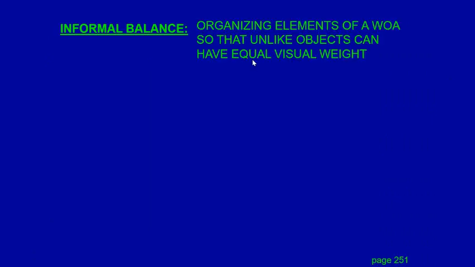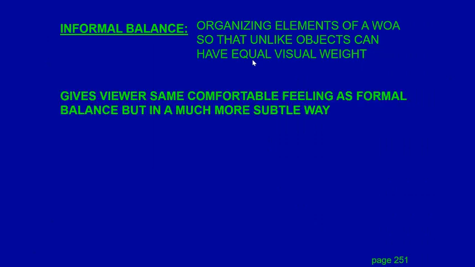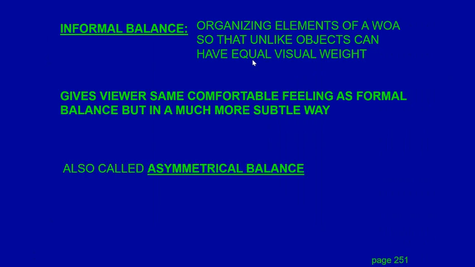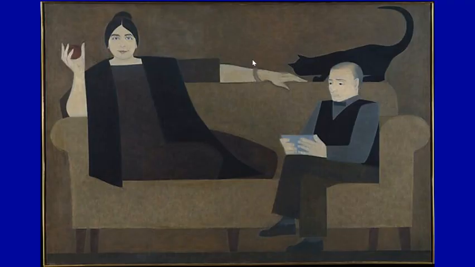And then informal balance is organizing the elements of a work of art so that unlike objects can have equal visual weight. This gives the viewer the same comfortable feeling as formal balance, but in a much more subtle way. It's also called asymmetrical balance, and it creates a much more casual effect.